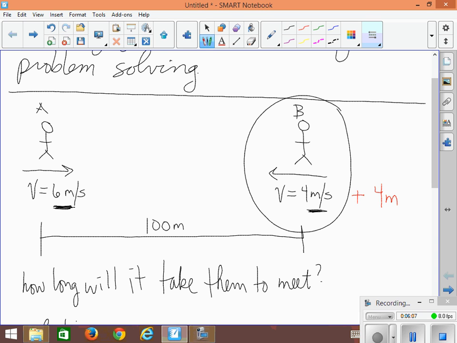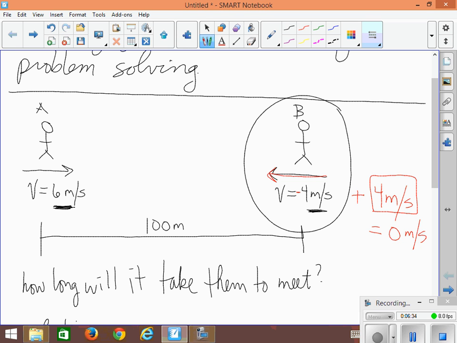Why am I adding it? I'm adding it because if he's moving to the left, his velocity is a -4, isn't it? So I'm adding 4 to his already -4 velocity, which means that now, compared to where I'm looking, his velocity is 0. So I've put him on a conveyor belt that's moving at 4 meters per second to the right.